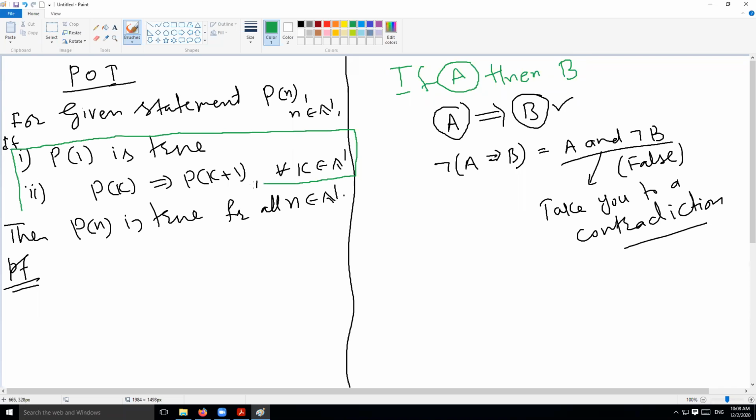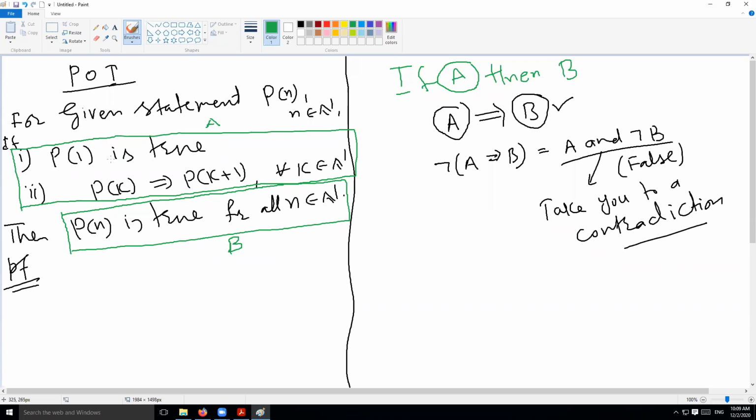If this is true, that's your A. And B is this part. So you have to learn to identify the parts as well.